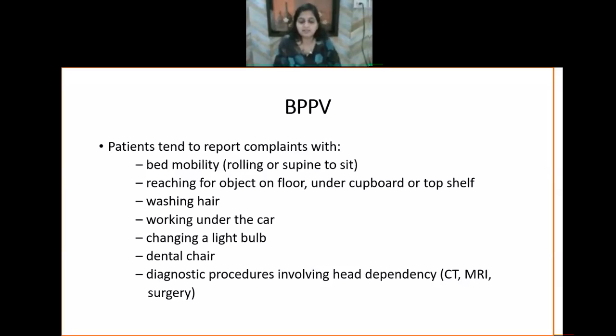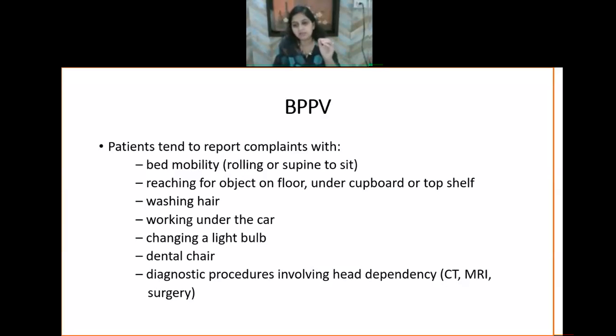I have seen ENT just recommend them Maclazine or some vertigo medicines and send them home, and they keep on taking medications. Even ENT do not assess them for BPPV.